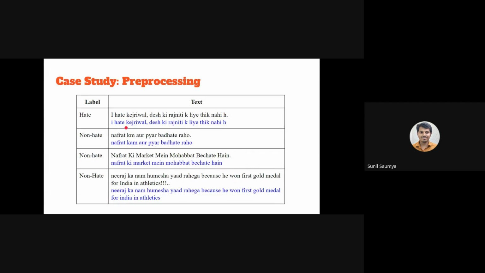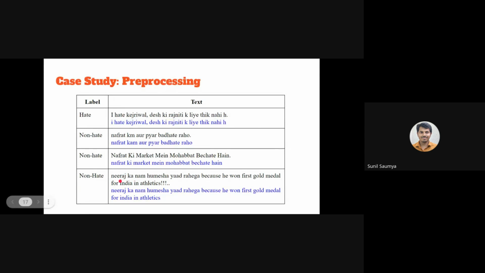See, the same word "I" or the same word "hate" can be written somewhere with a capital H and somewhere with a small h. Then the model should not treat these two words differently, and that's why we are normalizing it to the small case. Okay, that was the reason.